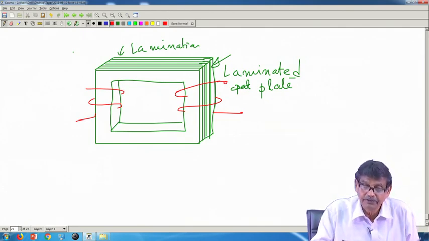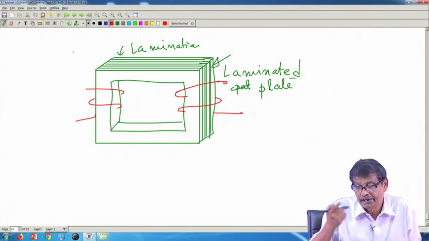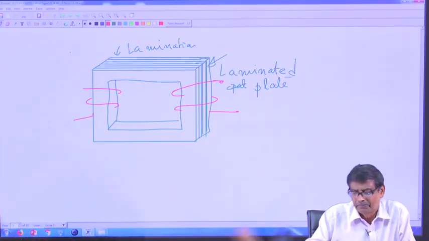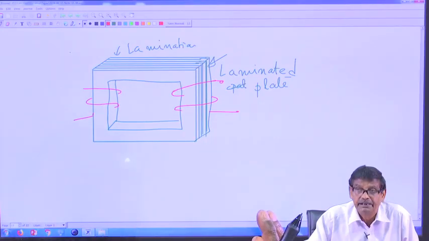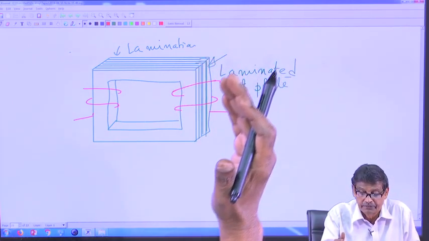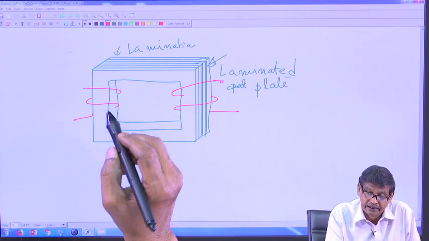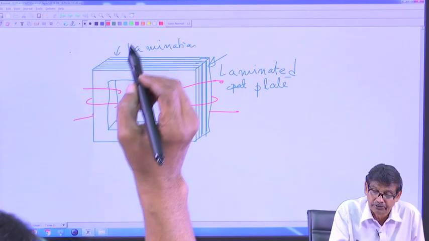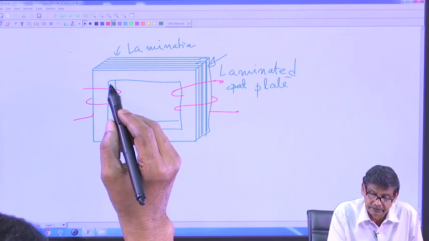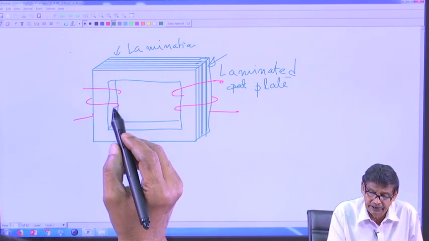So, eddy current loss depends on Bmax square, f square and thickness of the plate square. Thickness should be 0.2, 0.3 millimeter, and each plate is insulated from the other, and this will also be reflected here in this drawing. I think this is okay.